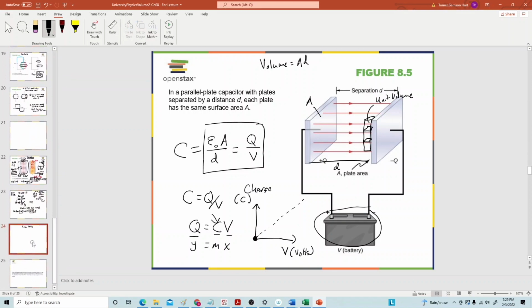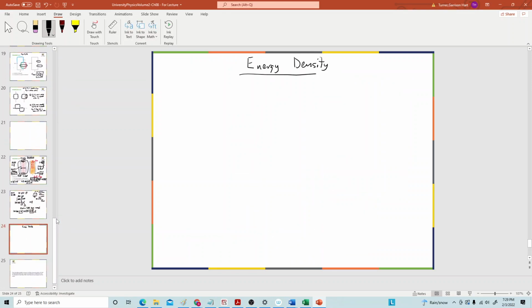So that's what energy density is. Energy density is the total amount of energy in a unit volume.